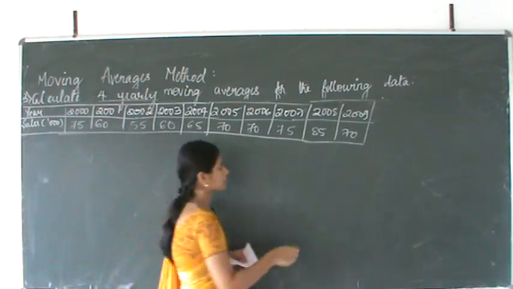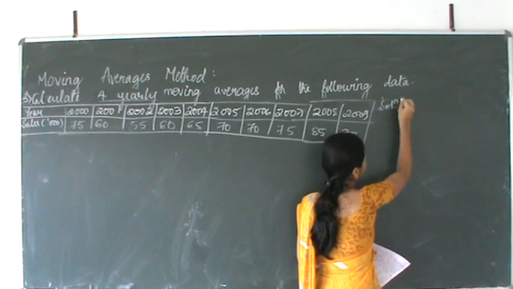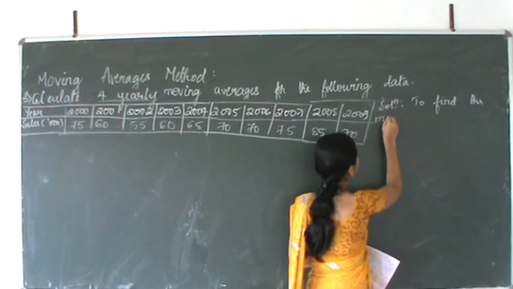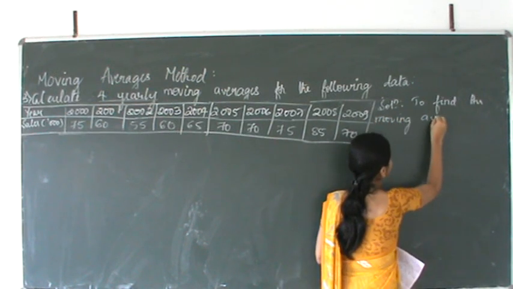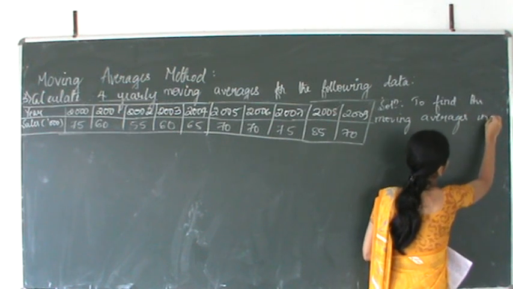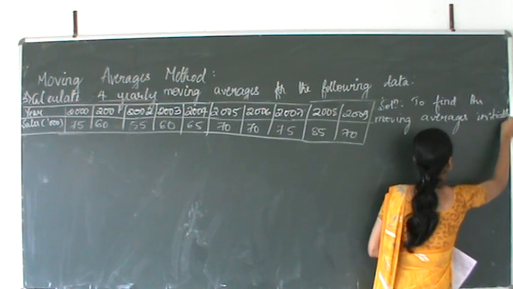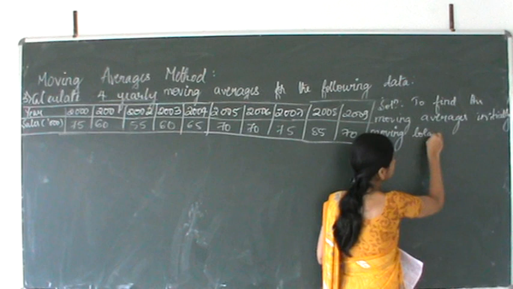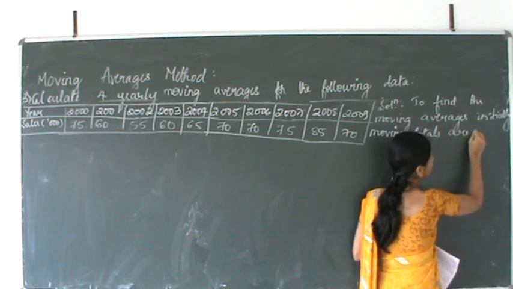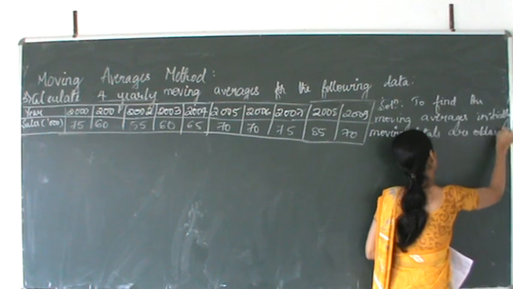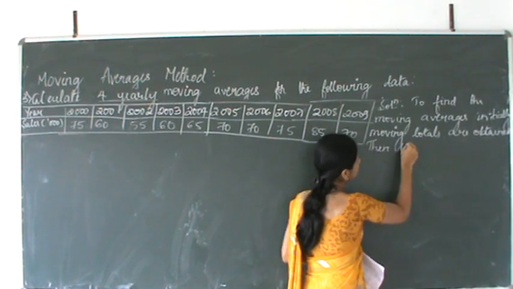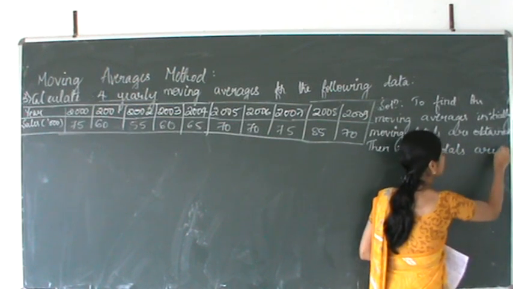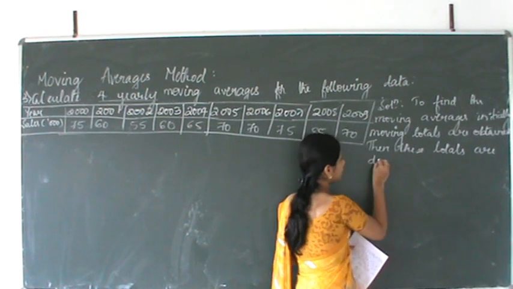First of all, to find the moving averages, initially moving totals are obtained, and then these totals are divided.